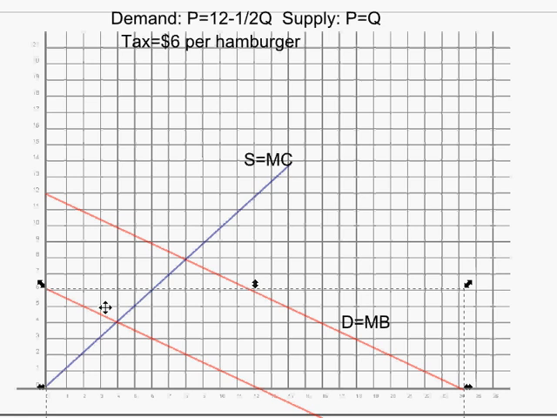Now, we can actually do this without shifting a curve. This is a way that people do it once they've done this a bunch of times before, is just to draw a line, go over here to our y-axis and draw a line that is $6 high. So I'm going from 6 down to 0 just to see what a line that is $6 looks like. How tall is $6?